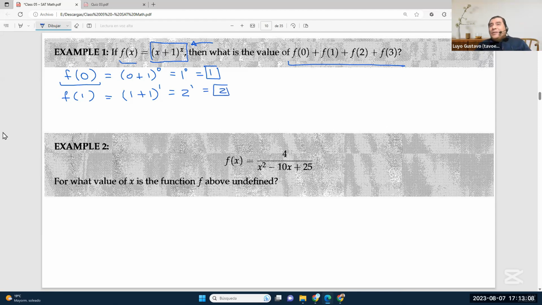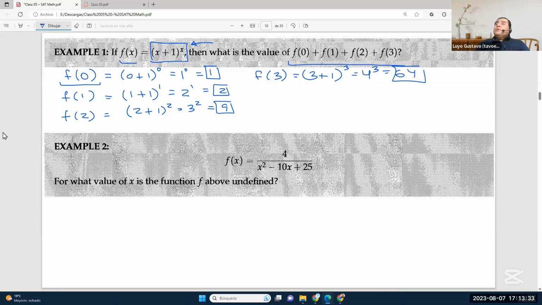What happens when you have F of 2? F of 2 would be (2 plus 1) to the 2. So this is 3 squared, or 9. And finally, F of 3 equals (3 plus 1) to the 3, or 4 cubed, which is actually 64.